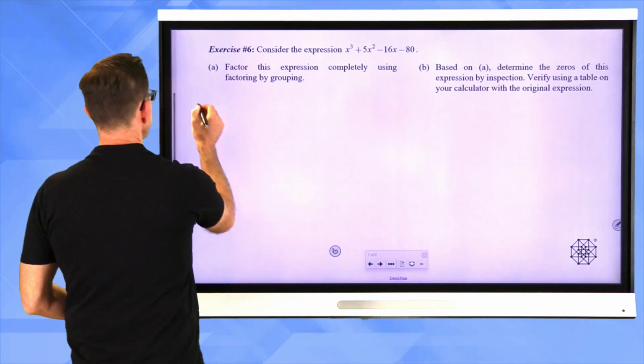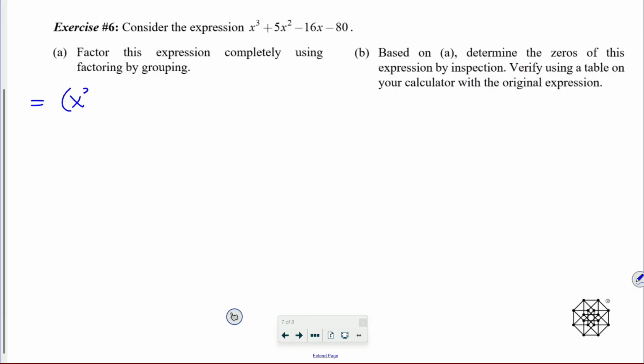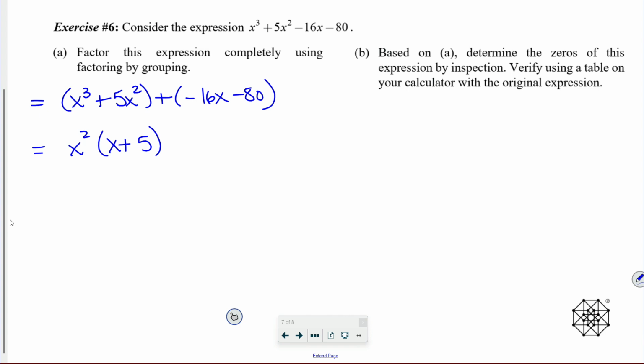So first things first, I've got x cubed plus 5x squared. Then I'll add to that negative 16x minus 80. In the first set of parentheses, I can factor out an x squared, leaving me with an x plus 5. In the second parentheses, I can factor out a negative 16, also leaving me with x plus 5.